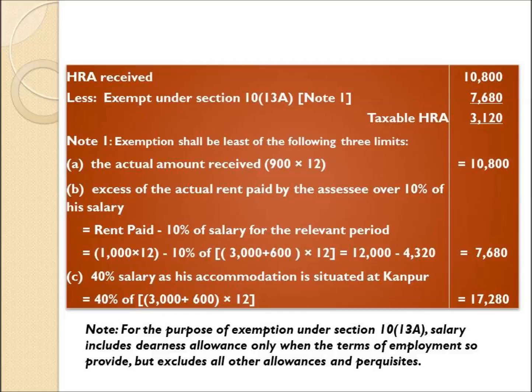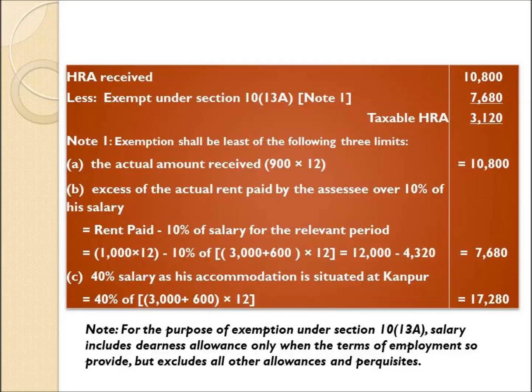In the given question, it was given that the company is also providing a motor car to the employee, but that will not be included. The company was also paying commission to Mr. Rajkumar, but that also will not be included in salary for the purpose of computation of exemption of HRA.